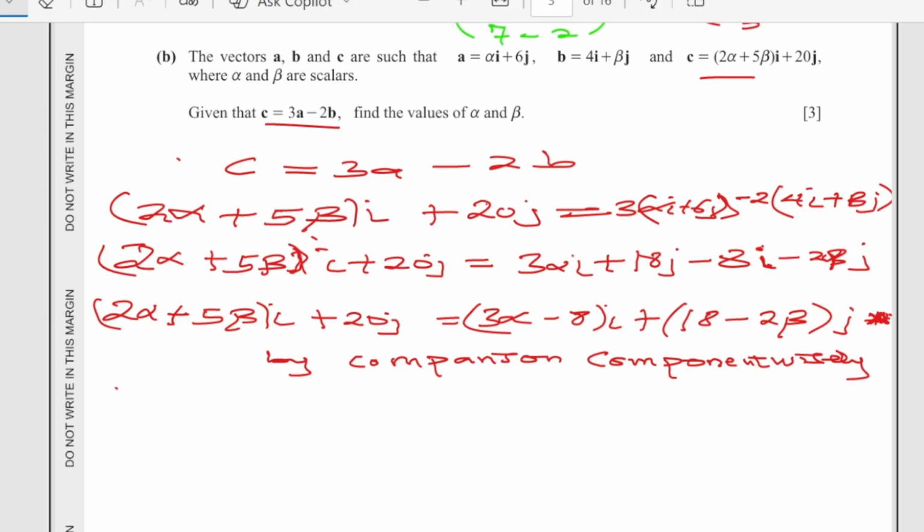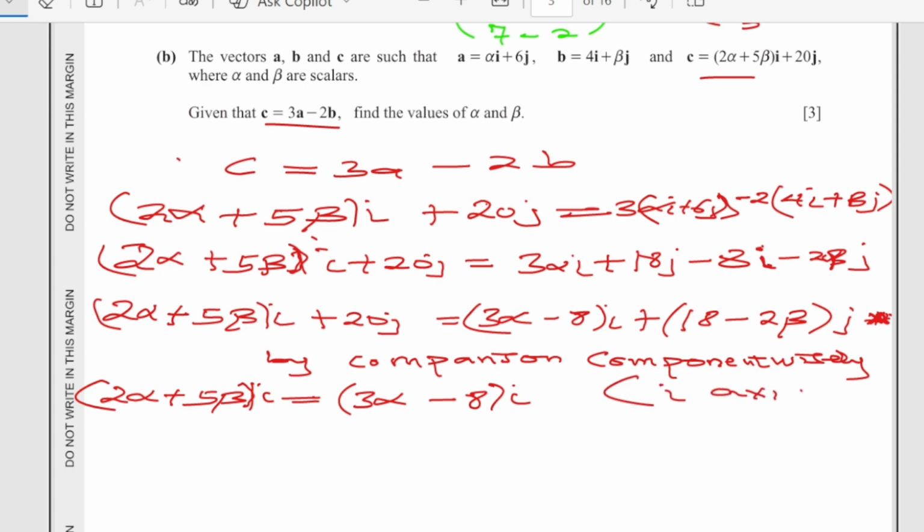Then by doing so, you have 2 alpha plus 5 beta will be equal to, all along i, which is i here, will be equal to 3 alpha minus 8, then i together here. This is the i-axis. That's along the i component with the i component here.